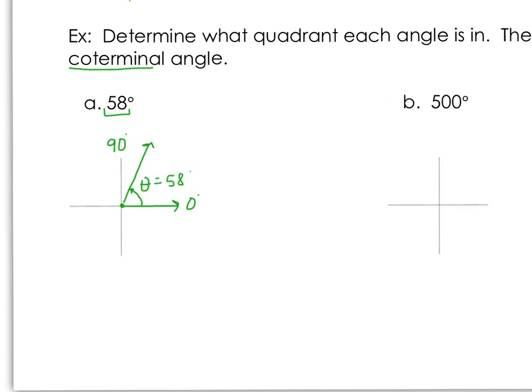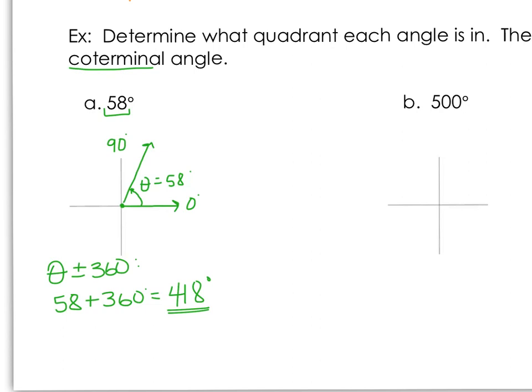To do coterminal, we literally just take our theta and we add and subtract 360. So if I take 58 and I add 360 to it, we get an angle that's bigger than 360. It's 418 degrees. If we graphed that, we would just go all the way around our coordinate system once, and we'd still stop where that terminal ray is in quadrant 1.